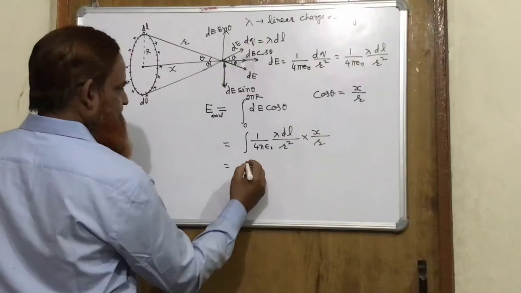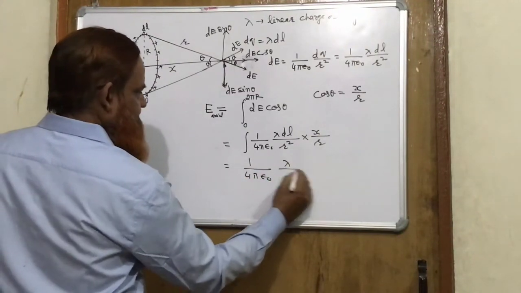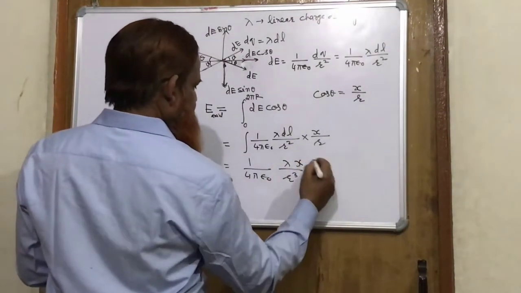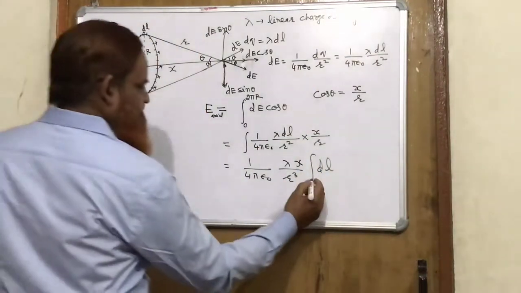So we will take 1 upon 4 pi epsilon naught lambda upon r cube x out, and the integral of dl from 0 to 2 pi r.